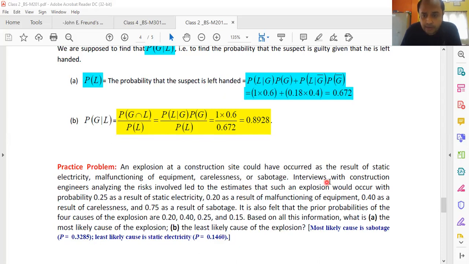Interviews with construction engineers analyzing the risks involved led to the estimates that such an explosion would occur with probability 0.25 as a result of static electricity, 0.20 as a result of malfunctioning of equipment, 0.40 as a result of carelessness, 0.75 as a result of sabotage.